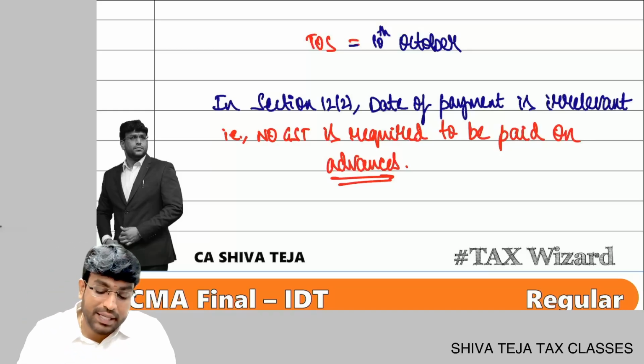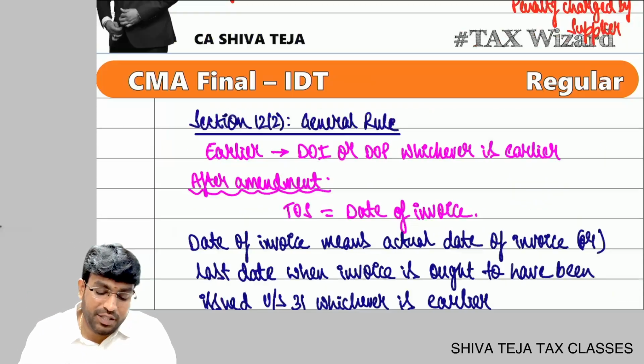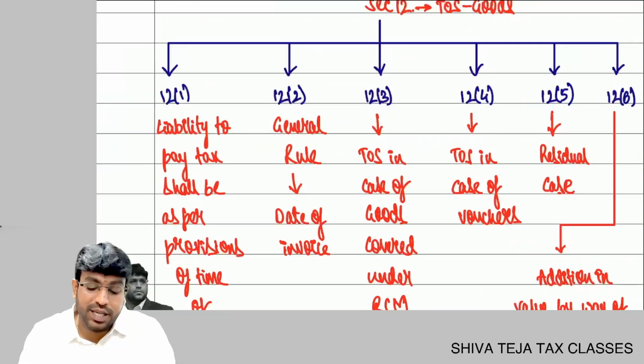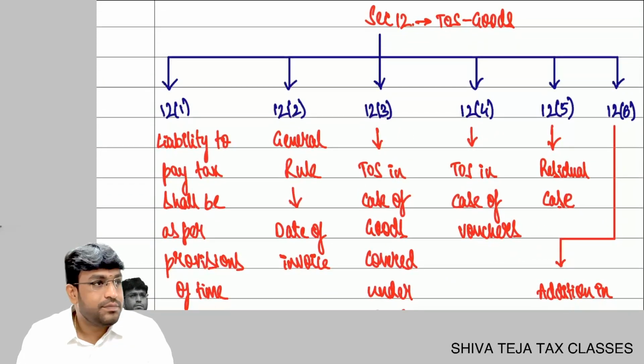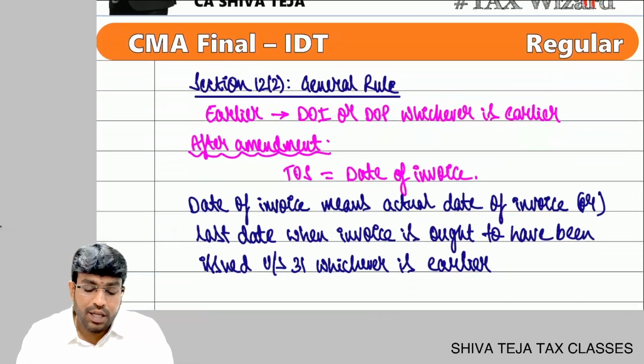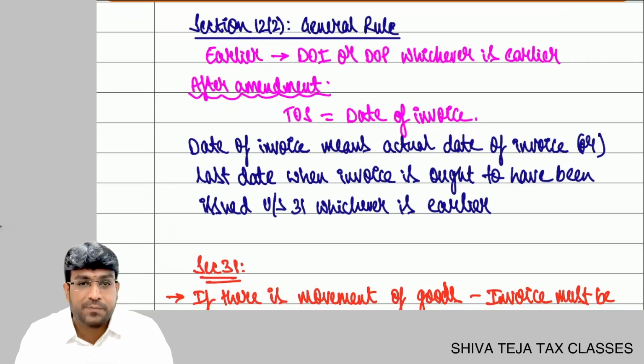Yes, sir. Excellent. Take it. This table you don't know? Yes, sir. So what is 12.1? Liability to pay tax shall be as per time of supply. 12.2. Take it.